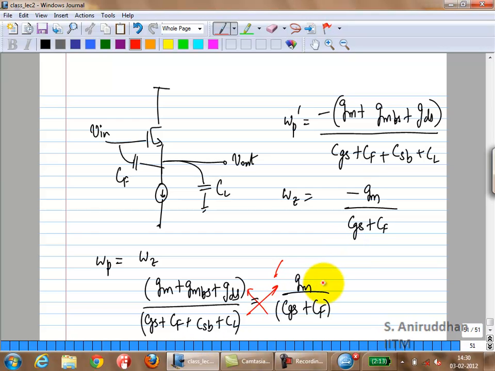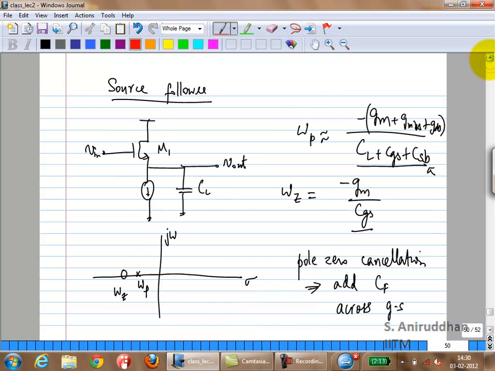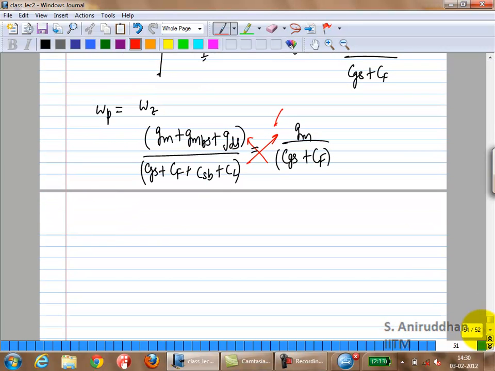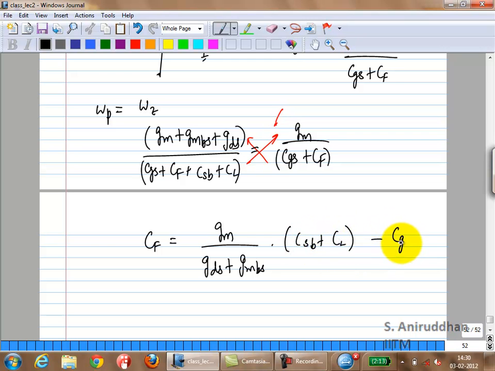On the other side, all the others are going to have all the terms. So this is what you'll get: GM over GDS plus GMBS times CSB plus CL, minus CGS. Is that clear to everyone?